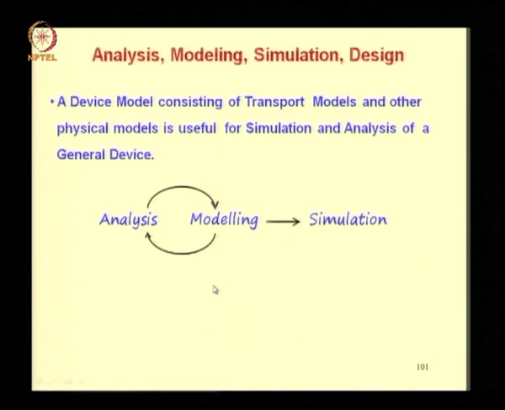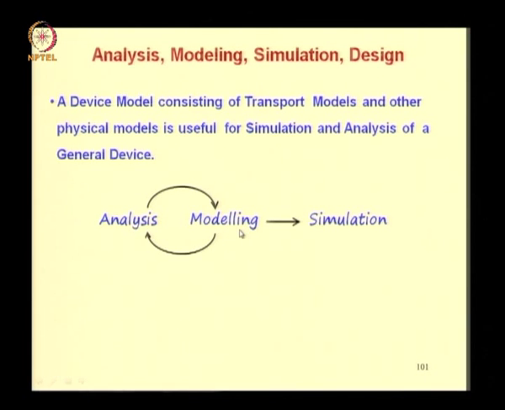So from all these sentences you can see that the relation between analysis and modeling is like chicken and egg. Difficult to say which came first, but both are not the same. One leads to the other. So analysis is used in modeling and models are used in analysis, and modeling activity is necessary for simulation.